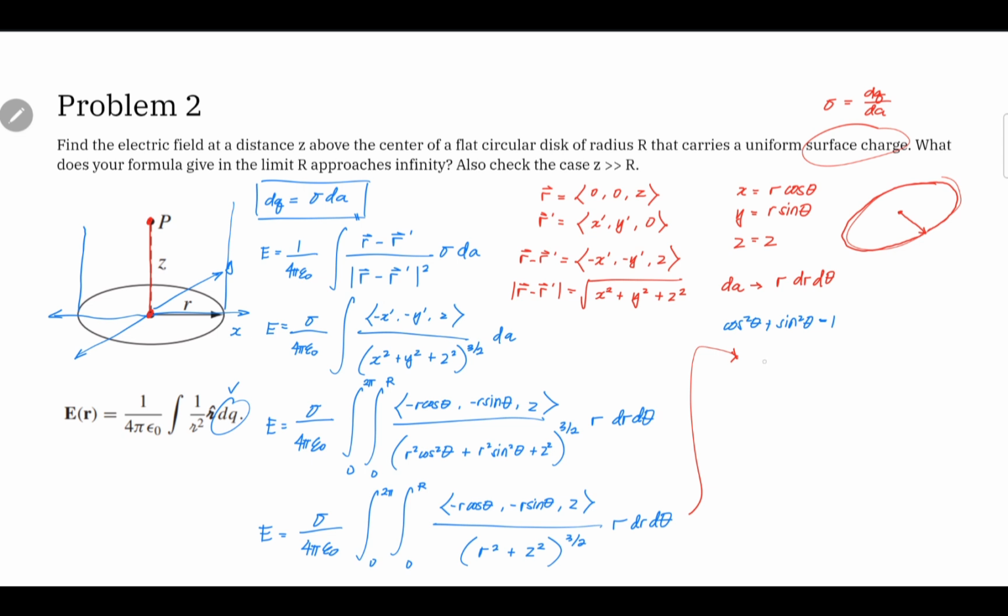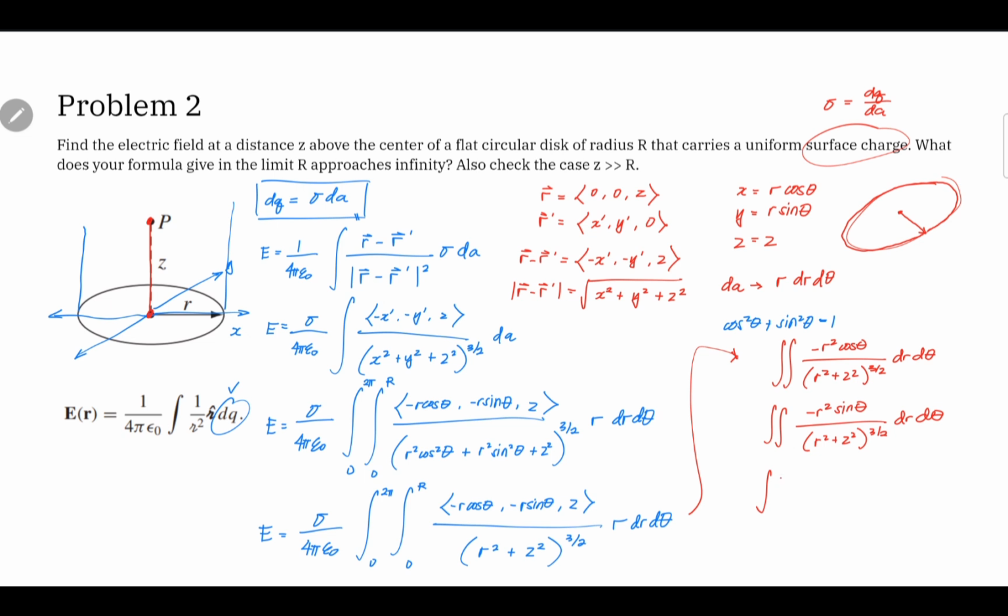So you can have one surface integral for negative r squared cosine theta all over r squared plus z squared raised to the 3 halves dr d theta. You have another surface integral for negative r squared sine theta all over r squared plus z squared raised to the 3 halves dr d theta.